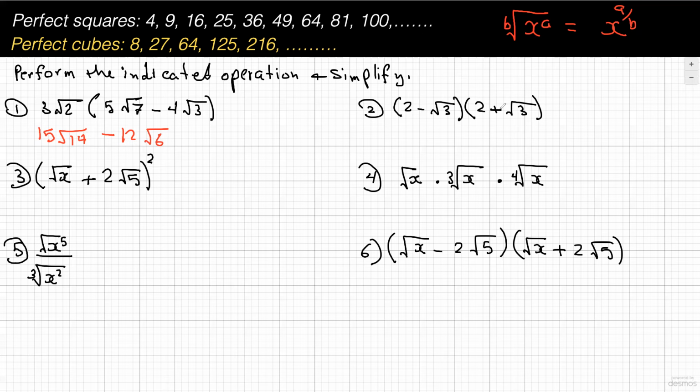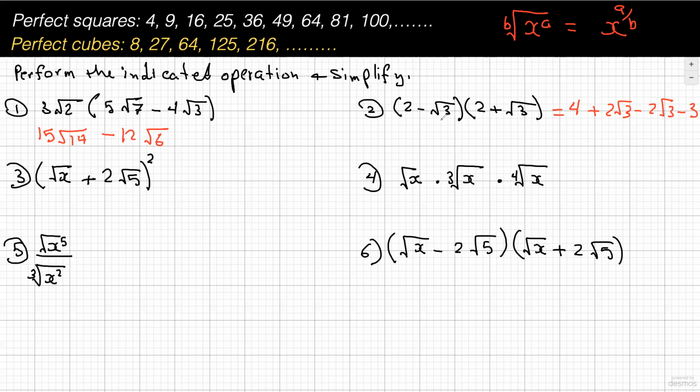Here we have 2 brackets. So this is the property of distribution again, but it's foiling. We multiply the first into the second, and then the second into the first, and the second into the second. 2 times 2 is 4. 2 times positive root 3 is plus 2 root 3, and then negative root 3 times 2 is negative 2 root 3, and then negative root 3 times positive root 3 gives you negative 3.